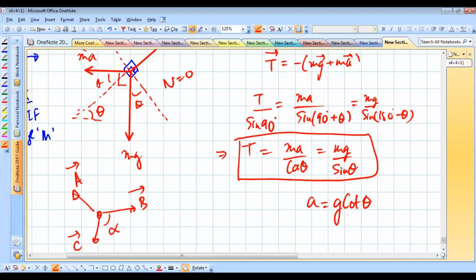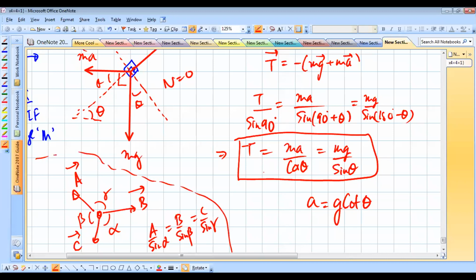This angle is alpha, this angle is beta, and this angle is gamma. So using that, A upon sine alpha is equal to B upon sine beta is equal to C upon sine gamma. This particular principle is what I'm applying over here. The condition for the vector sum to be 0.